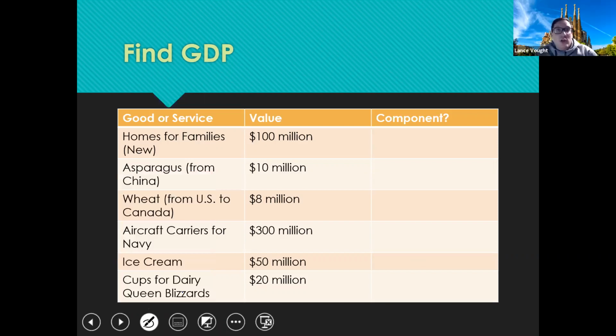The final good is the home. It's being produced in the country, and in the same year in which this is being produced. And so the value of that is 100 million. It fits all of the requirements of the definition, so it will count towards GDP. And the component, remember, is not consumption. Even though it's for families, all residential investment falls under investment.